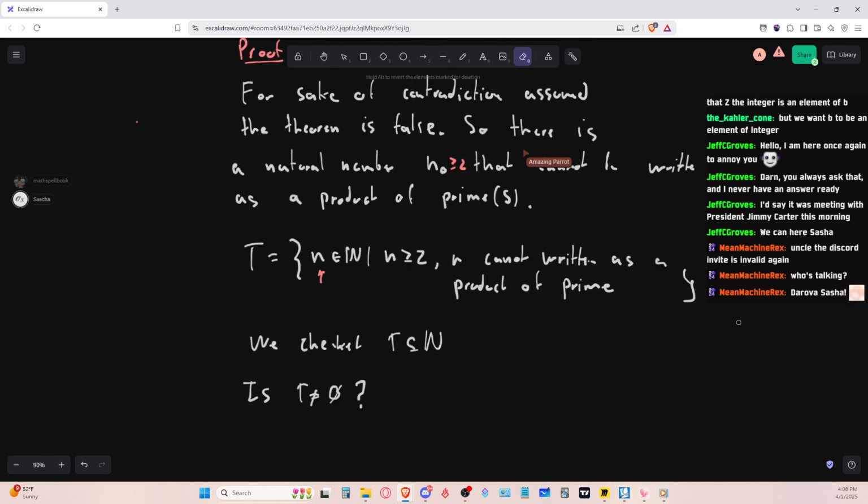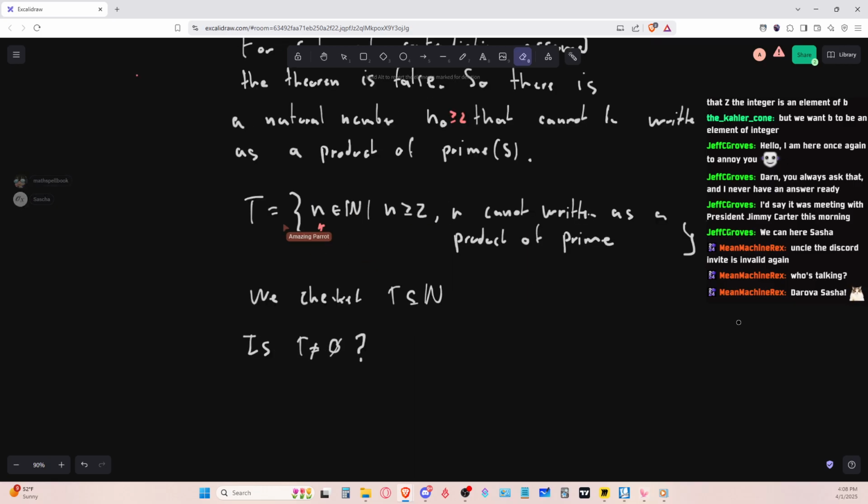So when we did that, we asked, what does it mean for the theorem to be false? Well, there exists some n naught greater than or equal to 2 that cannot be written as a product of primes. So what does it mean? It means that n naught is part of T. Thus, T is not empty.